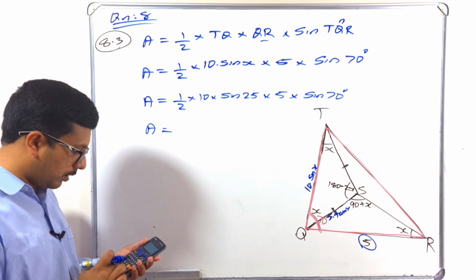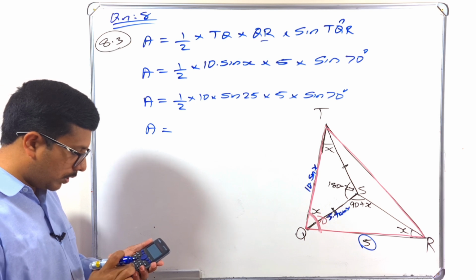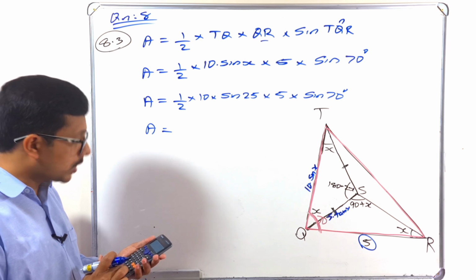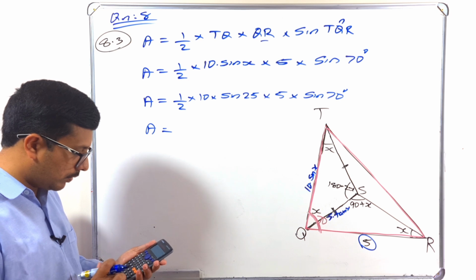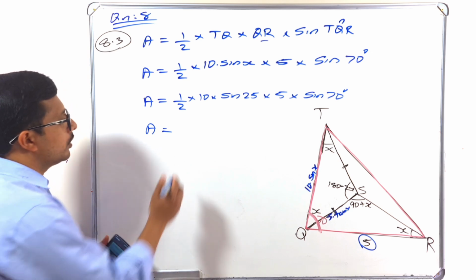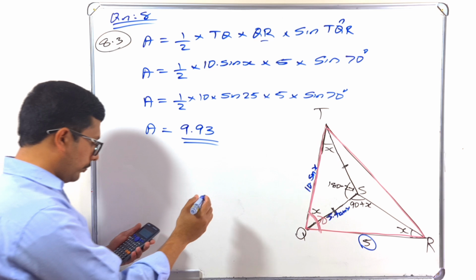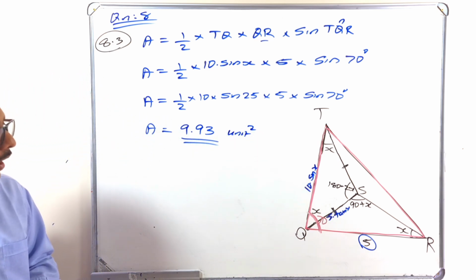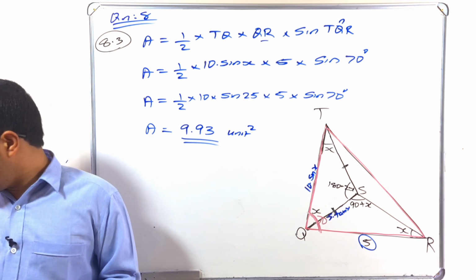That is half into 10 into sine 25 times 5 times sine 70. 9.93. So the area of that triangle is 9.93 unit squared.